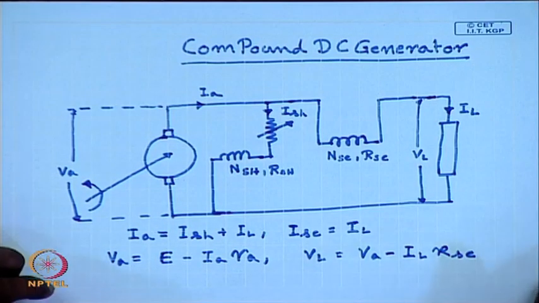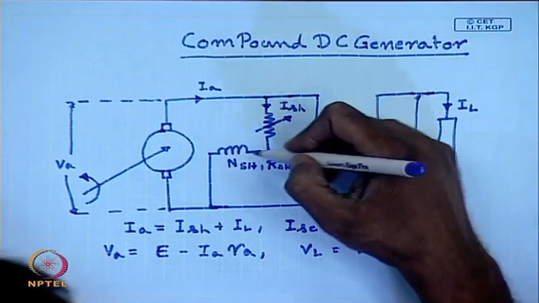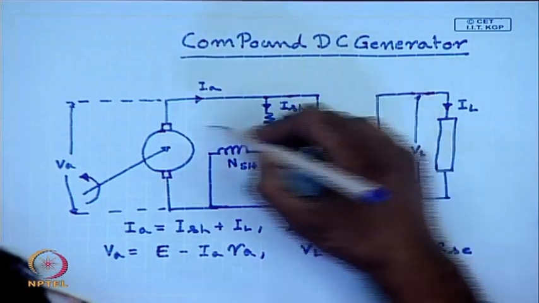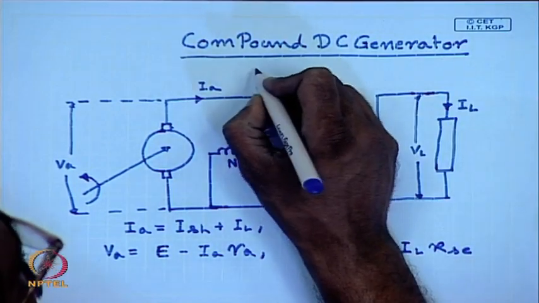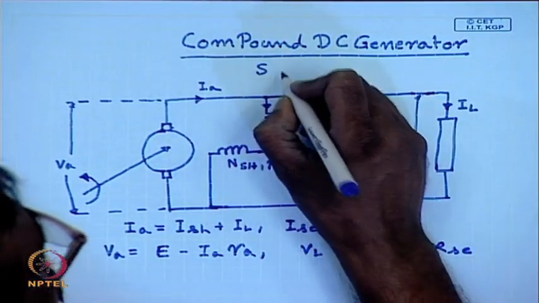It is seen that here the shunt field winding is connected directly across the machine armature terminal. Therefore, this is called short shunt connection.